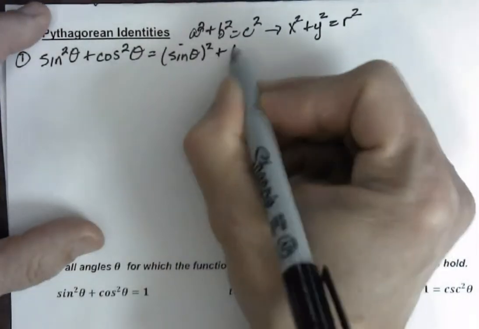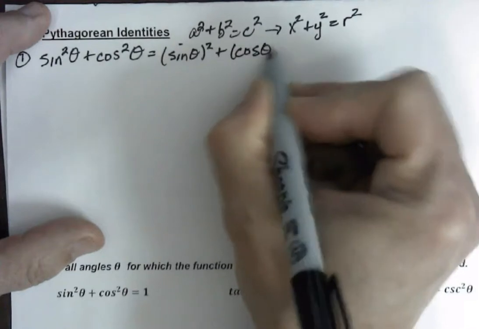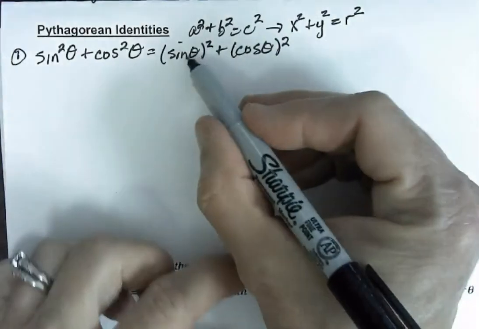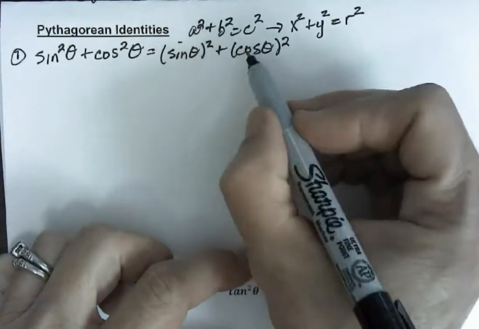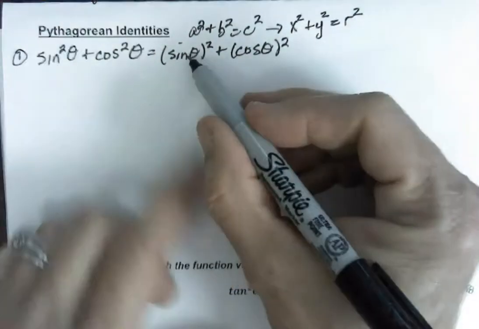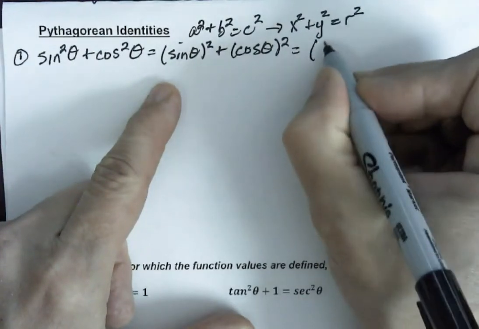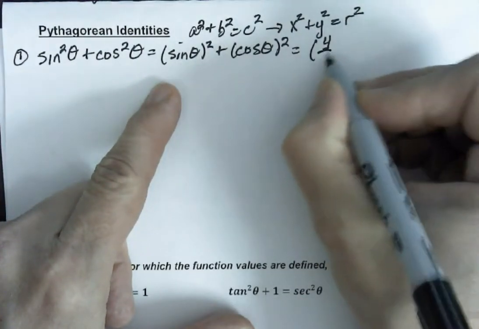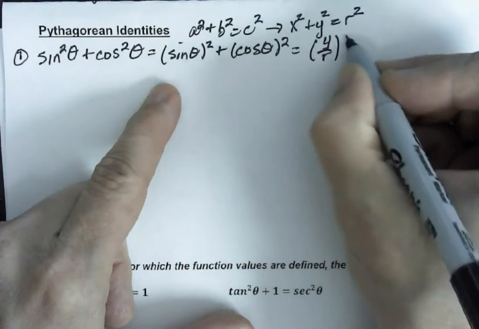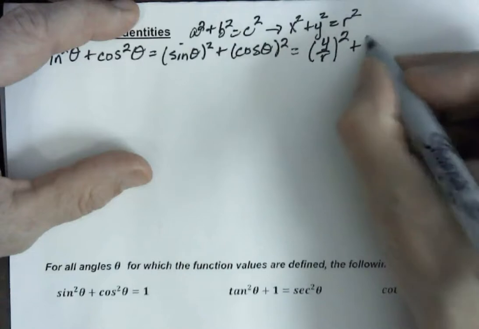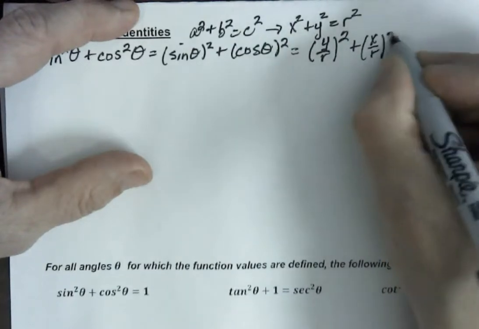We can write cosine squared as cosine theta squared. Now the next thing we can use is the definitions of our trig functions in terms of x, y, and r. So sine of theta is y over r. So in place of sine of theta, we would have y over r, and that's squared. Cosine of theta is x over r. So we would have that quantity squared.